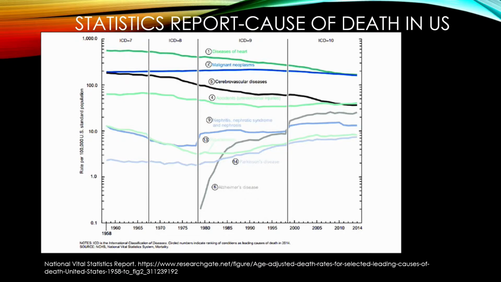So we have different lines, and they show different diseases over that period of time, from the 1900s to 2014. It's more than a century, right? The first line on top there is the first disease that has been reported as the number 1 cause of death in the United States.